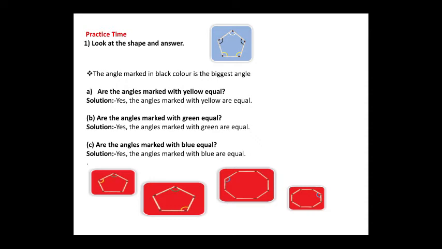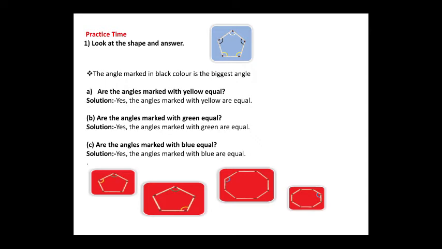See, the black color in the blue picture, it is a pentagon shape. 1, 2, 3, 4, 5, 5 sides are there. In this pentagon, the angles are marked with black color. Those black ones are called the biggest angle, right? You can see it is a little bigger.